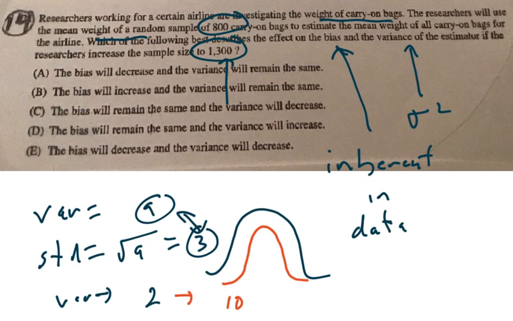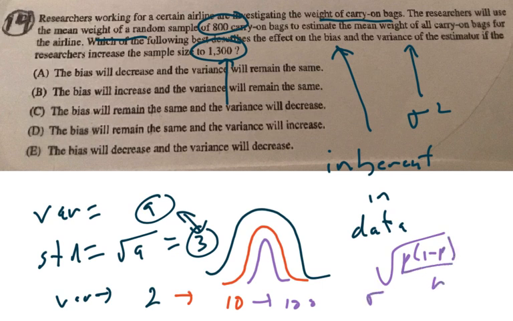If I changed variance from 10 to 100, you would definitely see it narrower. So the larger the sample size, the smaller. Because remember, just think of how we calculate standard deviation, we're dividing by the square root of n, whether we're doing a proportion or a mean.